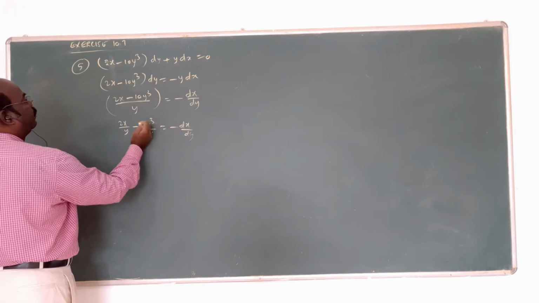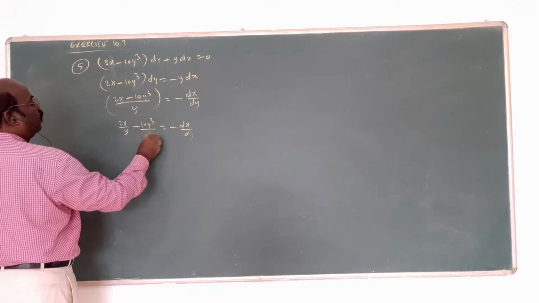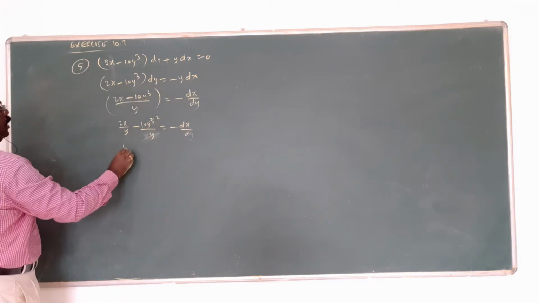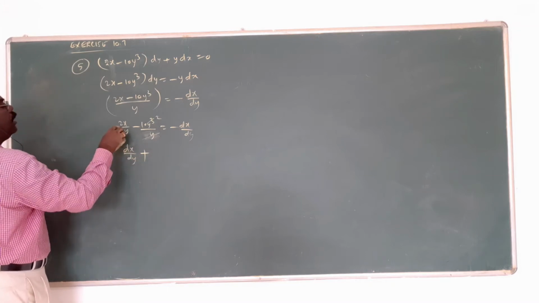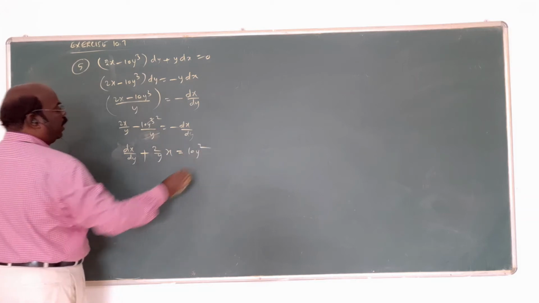Now write separately 2x by y minus 10y cube by y equal to minus dx by dy. Now this will be cancelled. One y cancels. Now minus dx by dy, come inside: dx by dy plus 2 by y into x equal to 10y square.